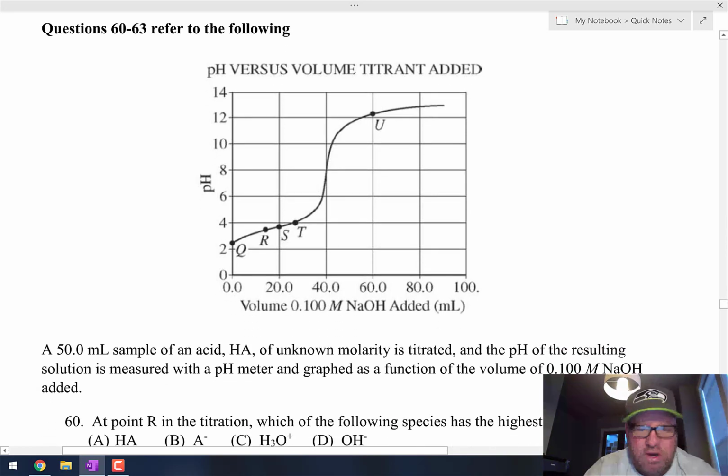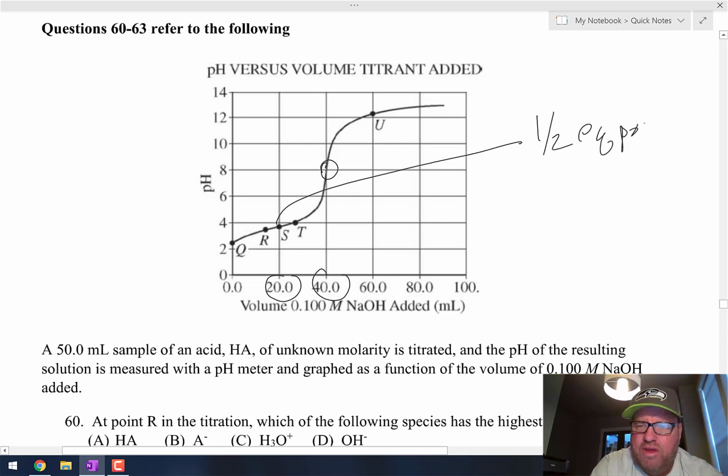So again, here's just a regular titration. We can see that the equivalence point was reached right at 40, which means at 20, we are again at the half equivalence point. So point S is the half equivalence point. And why is that important? Because that's when the concentration of HA equals the concentration of A minus.